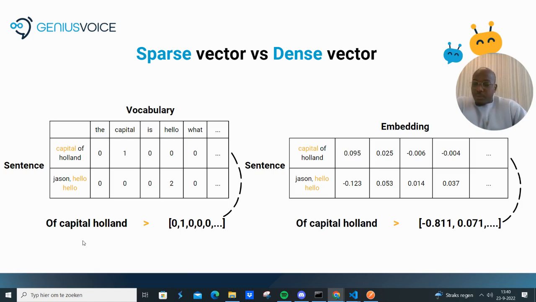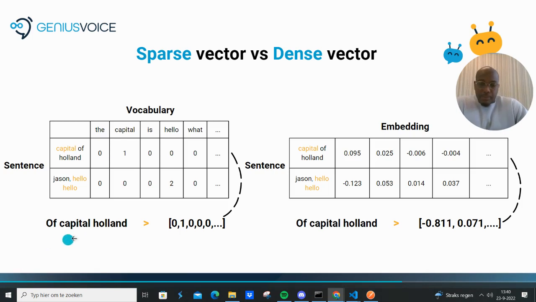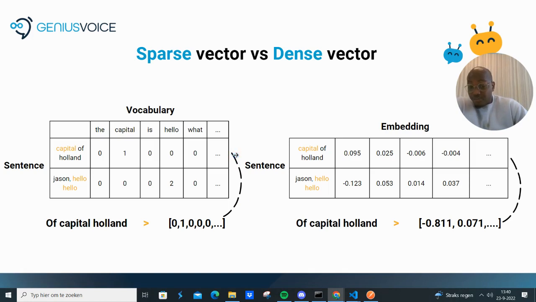To give an example, we have here of capital Holland. Now, of capital Holland gets the same representation as capital of Holland. If you look here at the dense vector, then we can see if we pass a sentence of capital Holland, then the representation will look different compared to capital of Holland.